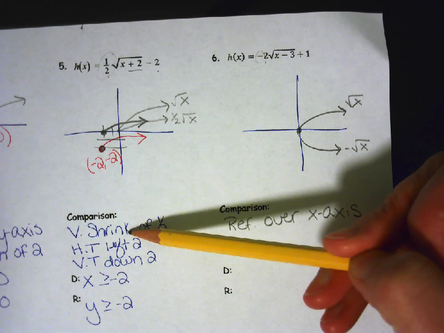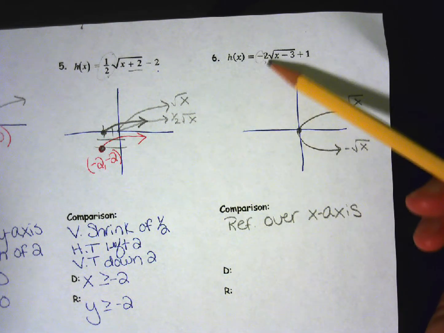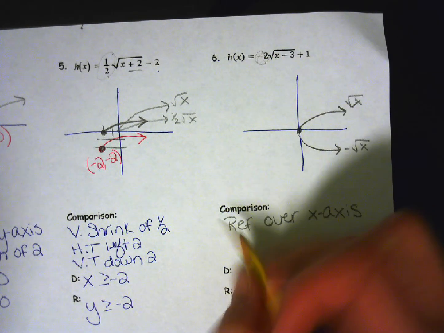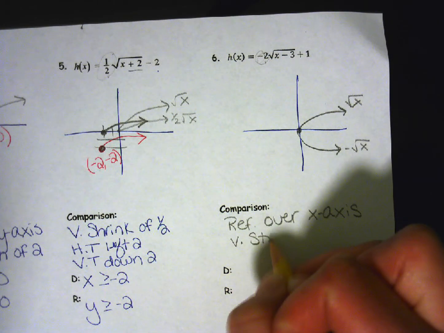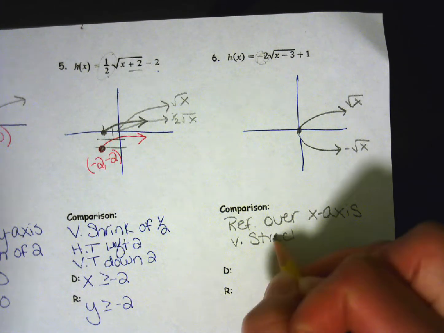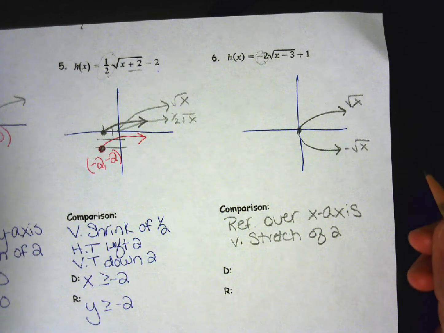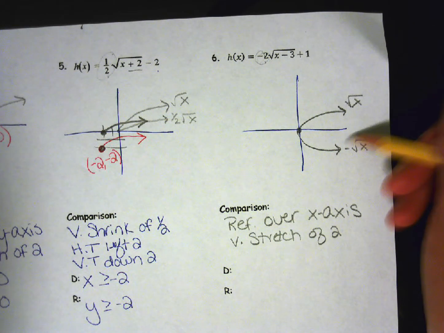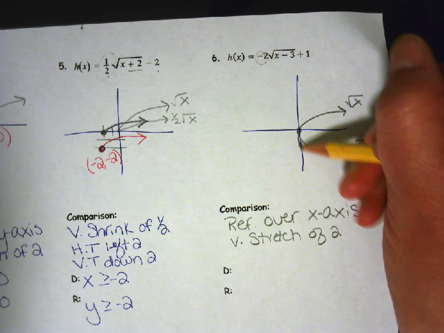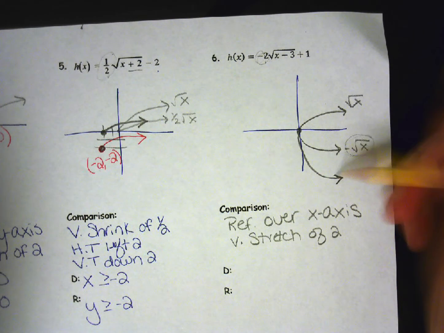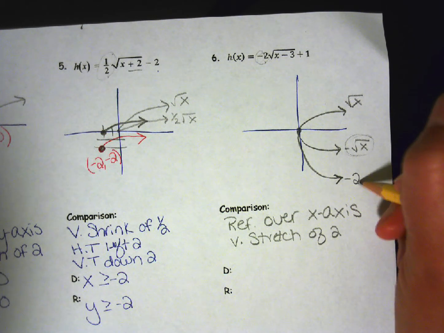That makes it flatter, and it's called a shrink. Do you see how this is a whole number? So we call that a vertical stretch. Stretch of 2. Sorry, I kind of drew a blank for a minute. So all that's going to do, that's going to take this graph, and it's just going to make it taller, steeper, like that. So that's our -2.